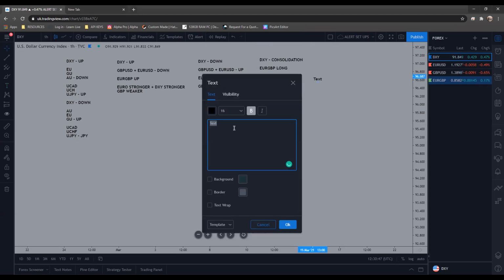Now Dixie is in consolidation. Euro GBP is short. What's Euro USD doing? Yep, short, down.